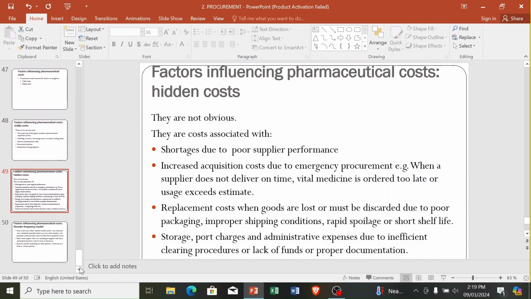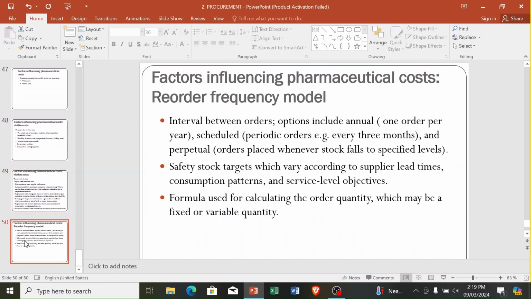Okay, and then this brings us to the last. We see that there is another thing apart from hidden and visible costs that we call the reorder frequency model. Interval between orders options include annual, one order per year, scheduled periodic orders, for example every 3 months, and then perpetual orders, that is, an order placed whenever stock falls to specified levels.